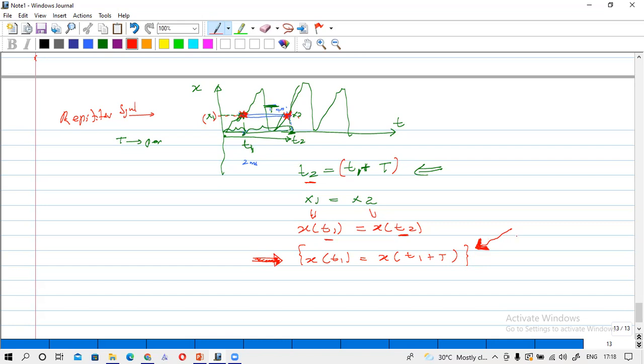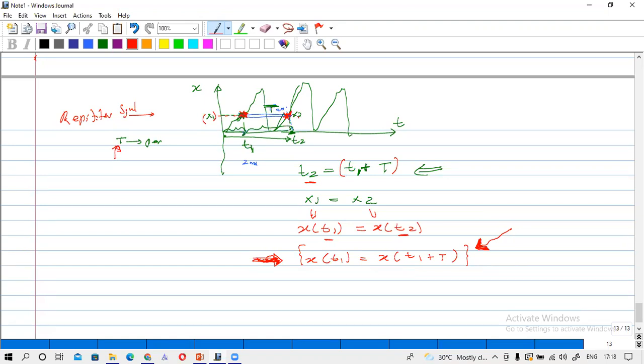So you can get considerable marks for your final exam. Did you guys understand how we get this equation? This is very important, so I will tell it again. You can see that this is a repetitive signal. That means the signal will repeat after some time. This repeating time we call capital T.